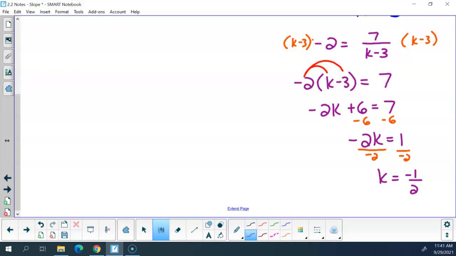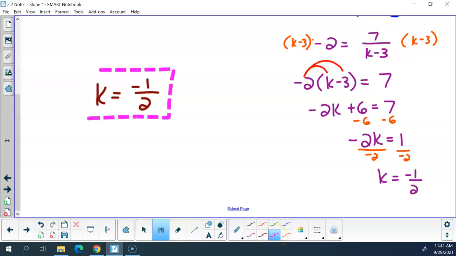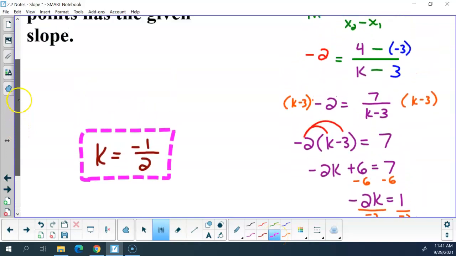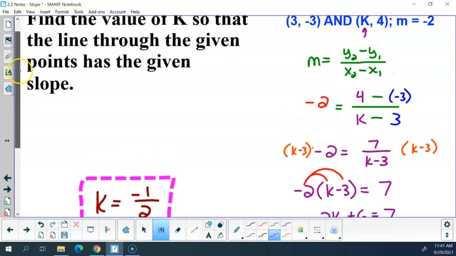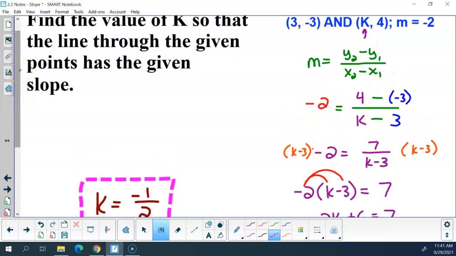So what that's saying is that if my value of k, way back up there, is negative 1/2, the slope between those 2 points is negative 2. Let's quickly check it. 4 minus negative 3, that's going to be 7.